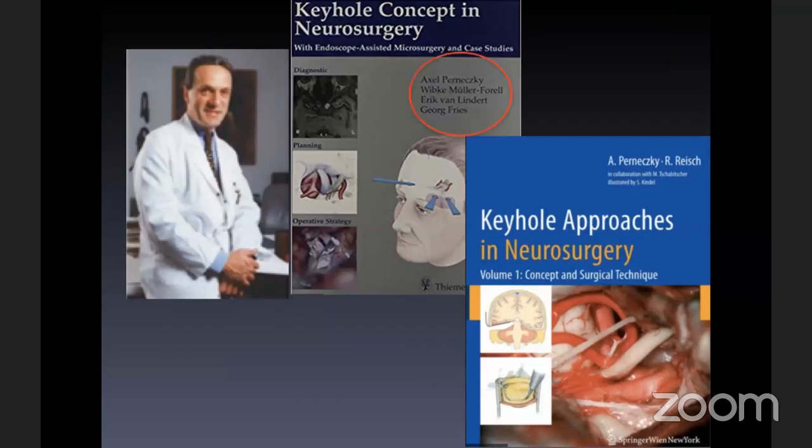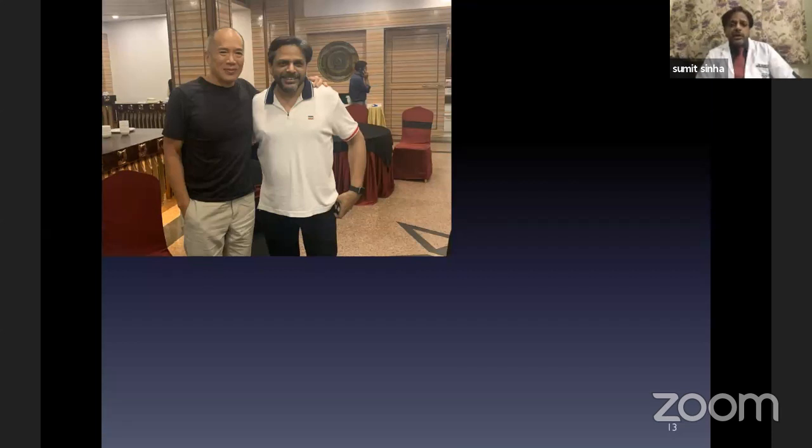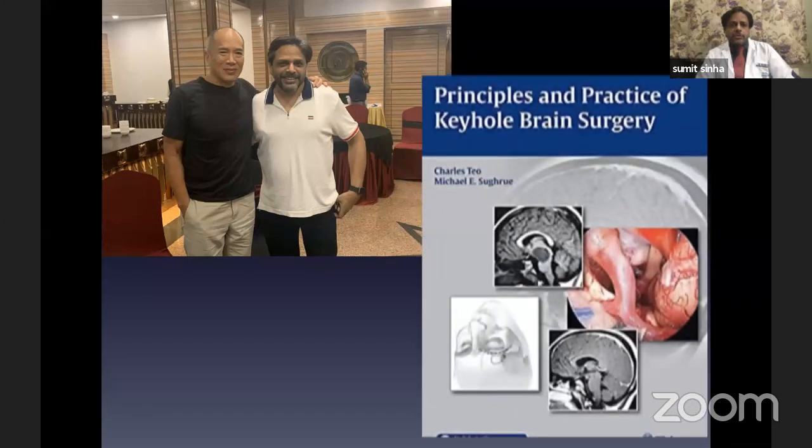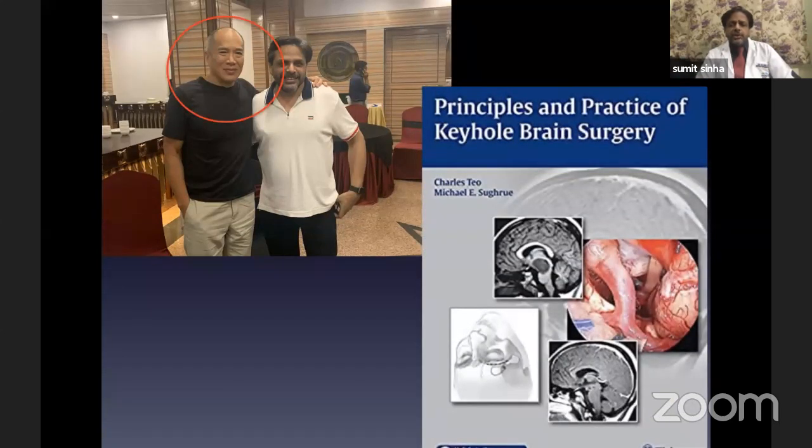Having read both books on the keyhole approaches, here is another fine neurosurgeon from Australia, my good friend and mentor, Charlie Teo, who has dedicated his skills to the development of keyhole brain surgery, and what a neurosurgeon he is.